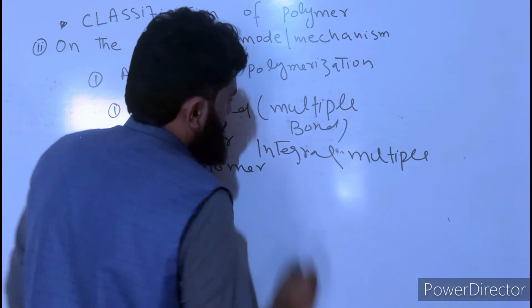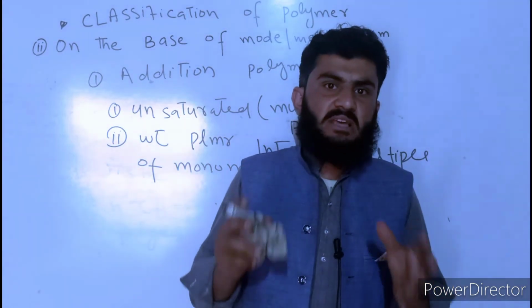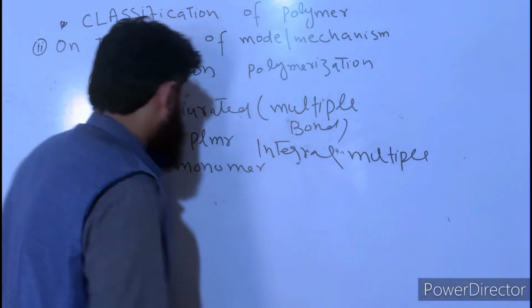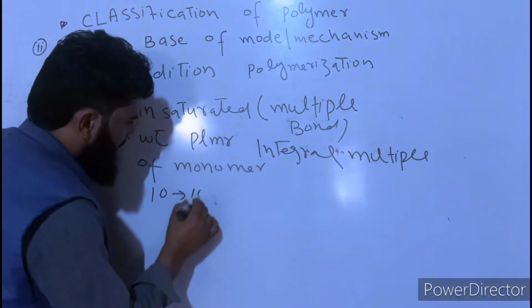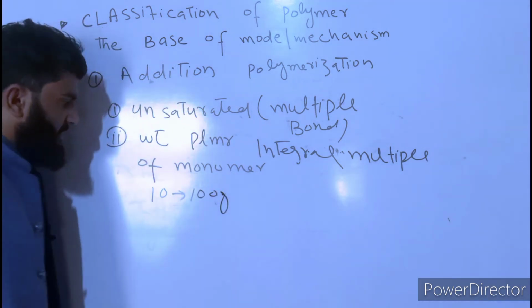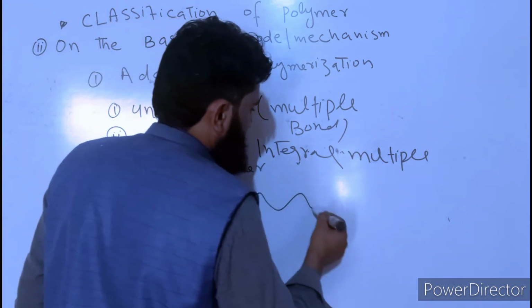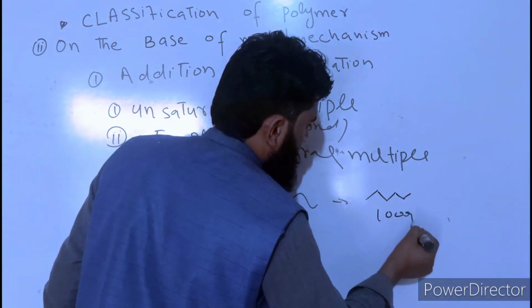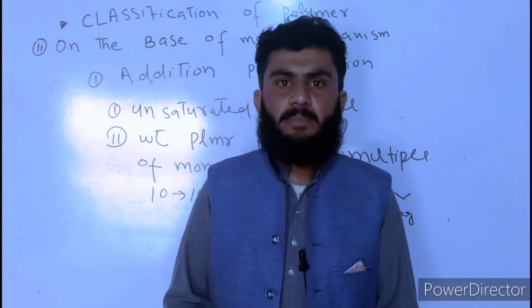Clear? So the weight of polymer is actually integral multiple of the monomer. For example, if the weight of 10 monomers is 100 gram, and when they form a polymer, the weight of the polymer will be 100 gram. So this is called integral multiple.